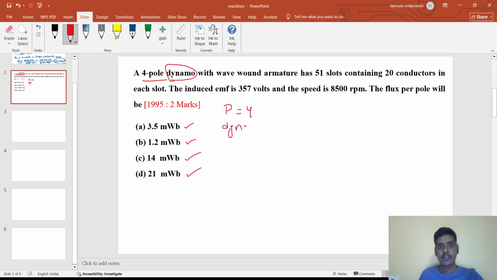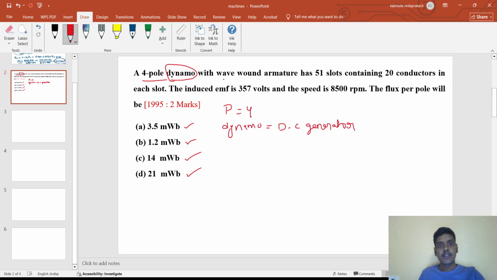Dynamo is nothing but a DC generator. We already know the function of the DC generator: it converts mechanical energy into electrical energy. The dynamo does the same thing.